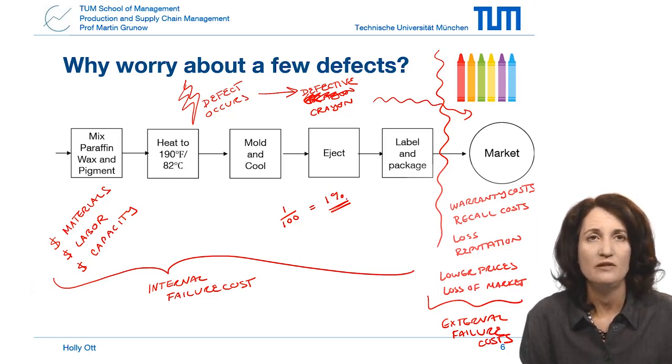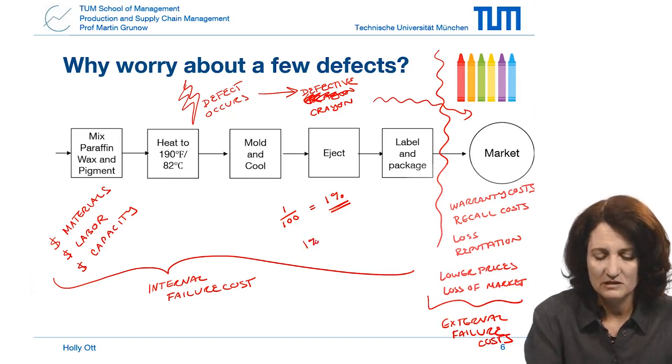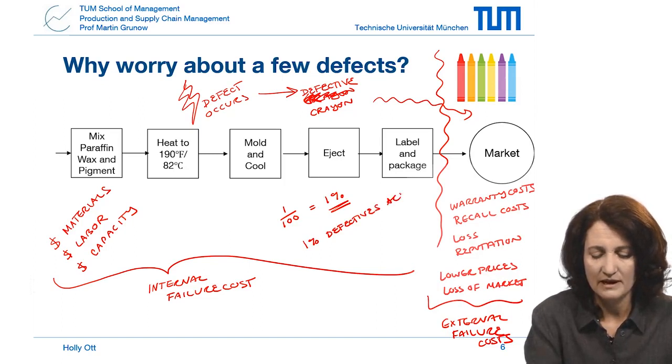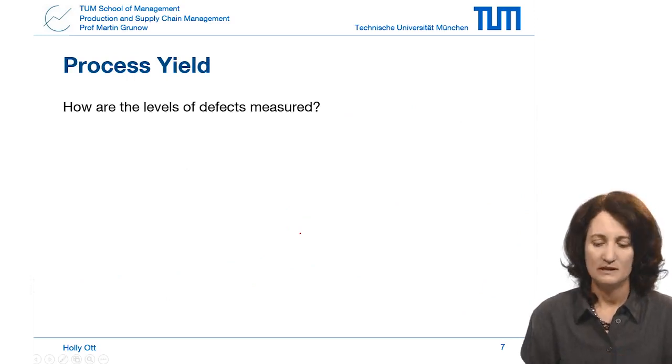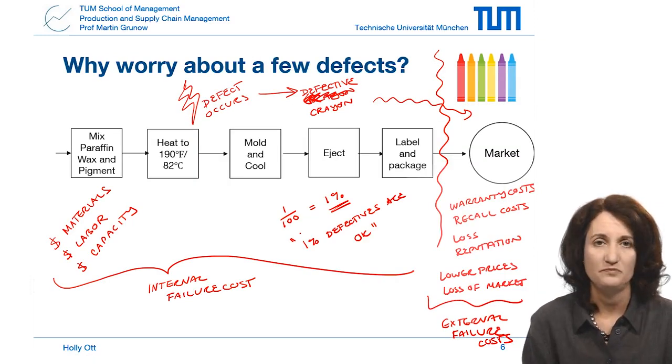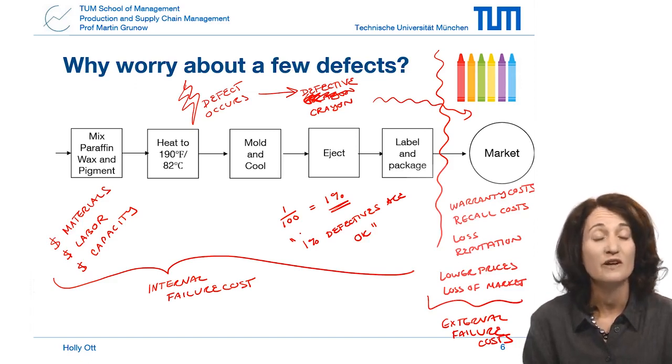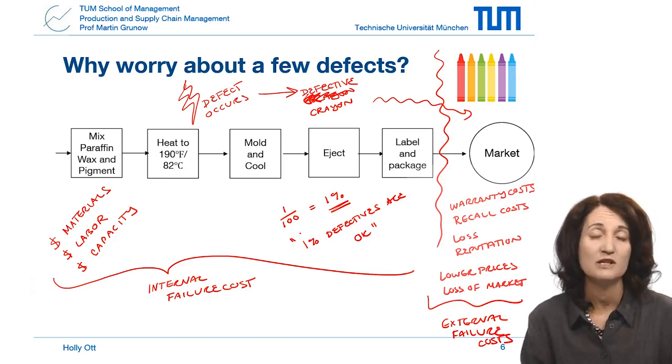If you allow that, you are creating a culture that 1% defective is okay. And what we're going to see very soon is that even a small percentage of defectives can accumulate to very, very substantial failure rates for an entire process. And these are crayons. We just have a few parts. What if you have a very complex process? For example, as we said before, like a car.